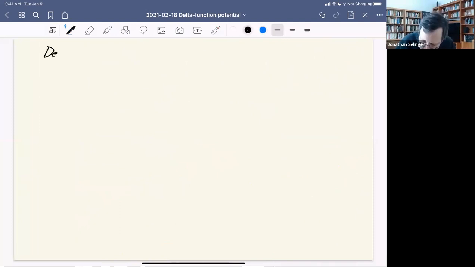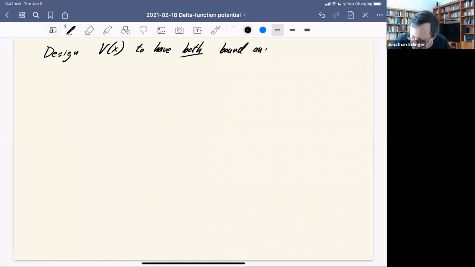I'm going to try to design a V of X to have both bound and scattering states.